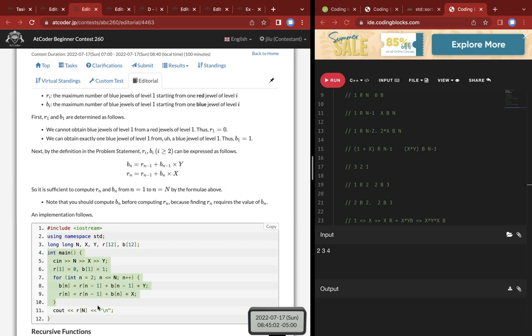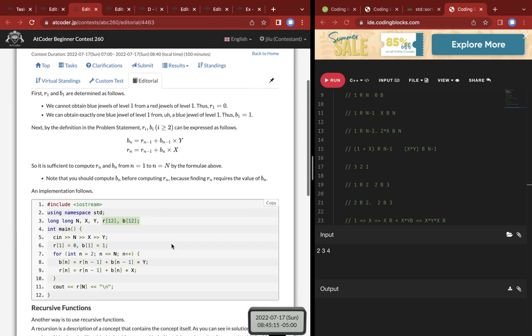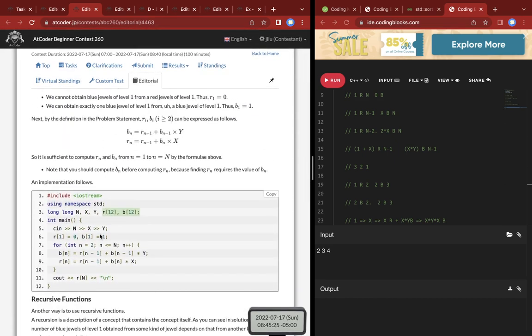Why am I not able to think of these small things? Yeah, this is pretty bad, pretty bad. Why have they taken R equals 12, B equals 12? How do they know n is up till 12? Okay, n was up till 10, I guess.